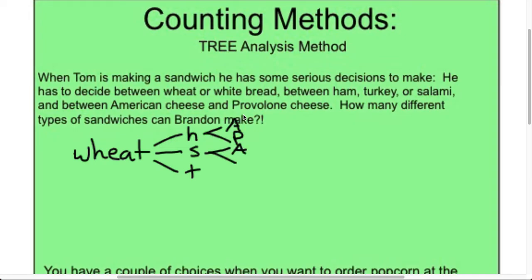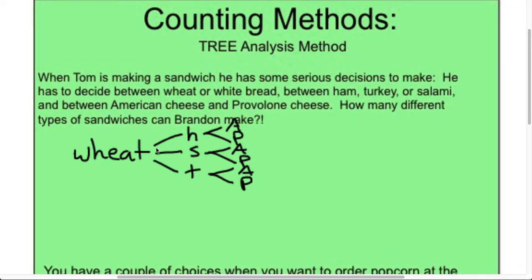Salami, he has to choose from American or provolone. Turkey, he has to choose from American or provolone. So what we're doing is the wheat part is, in this case at least, kind of like the trunk of the tree, and then we have different branches that go out. And ultimately, what we're going to count is the final number of possibilities.